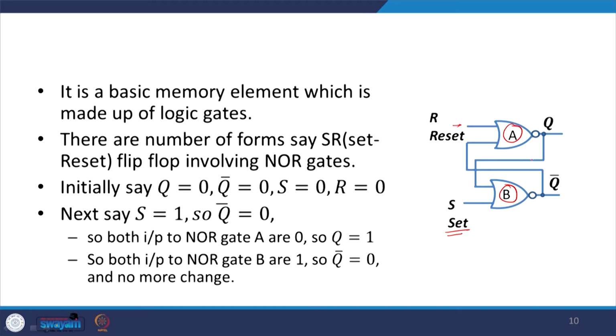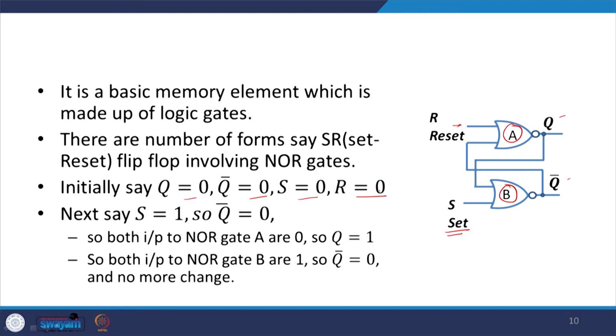The other inputs to these gates are the outputs of the other gate. So, say these outputs are Q and Q bar. The input for A is going to be Q bar and similarly the input for B is going to be Q. Now, initially say Q is equal to 0, Q bar is 0, S is equal to 0 and R is equal to 0.